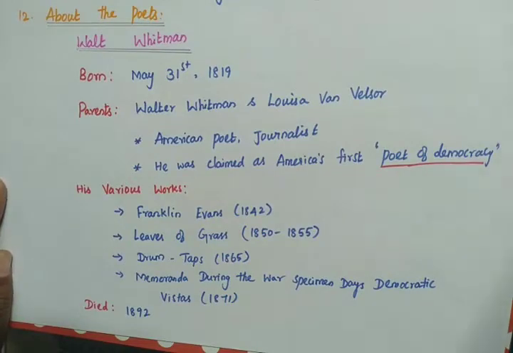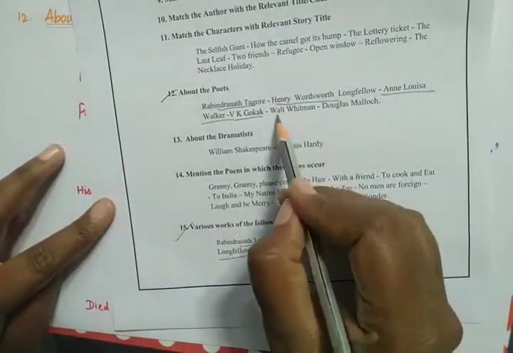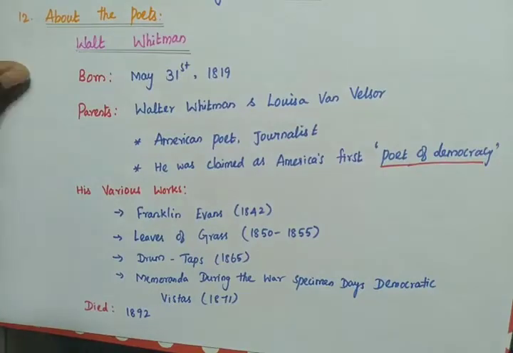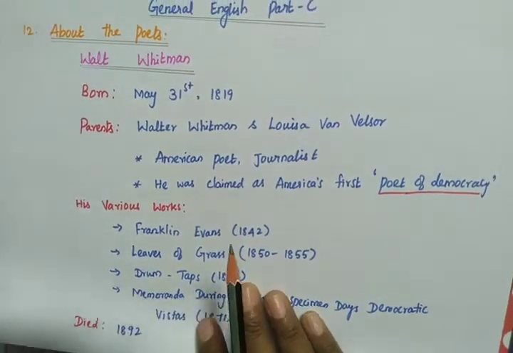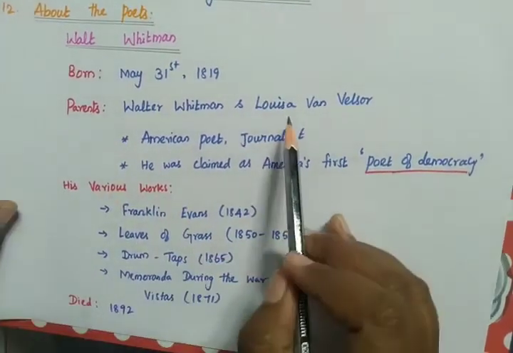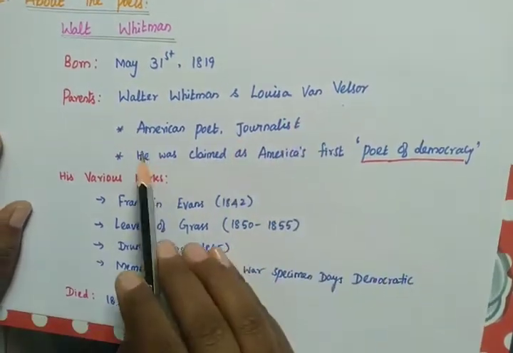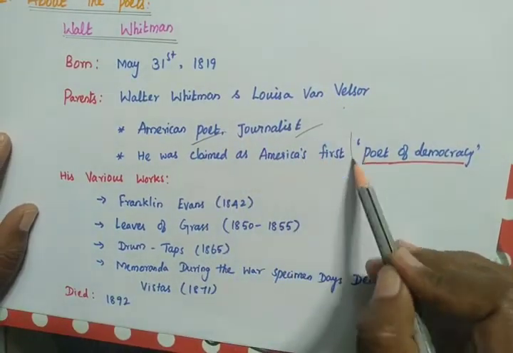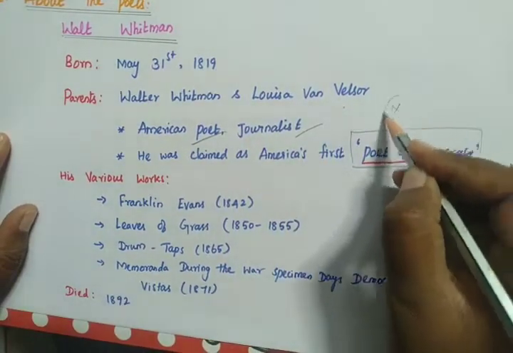This is present in the 12th. So here we have Walt Whitman. This is in the 12th question, about the poet Walt Whitman. He was born on May 31st, 1819. His parents are Walter Whitman and Louisa Van Velsor. He is an American poet and journalist. He was claimed as America's first poet of democracy. This is what you have to remember.